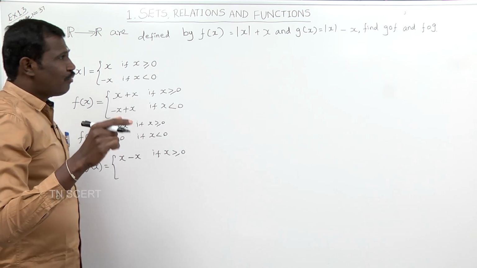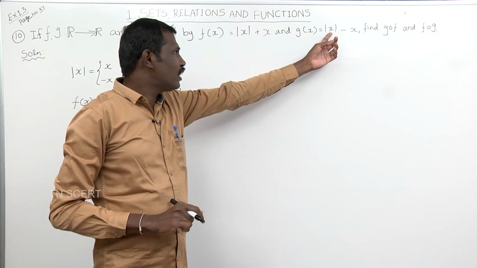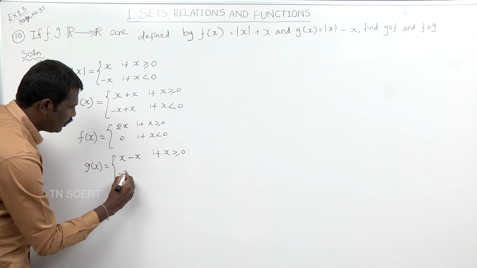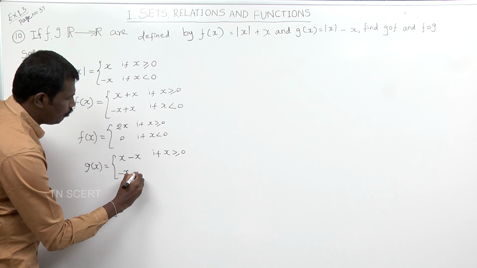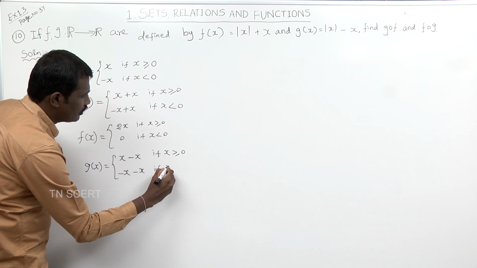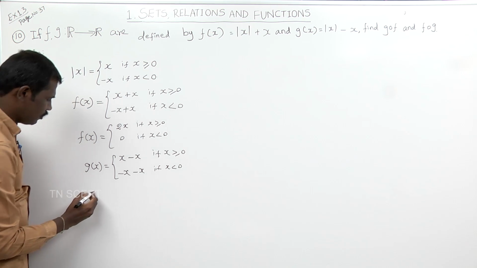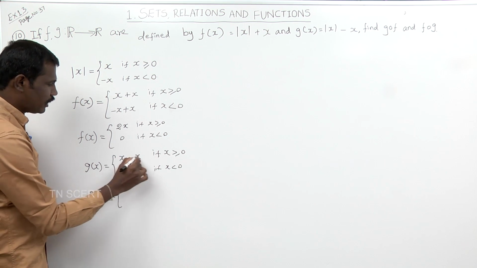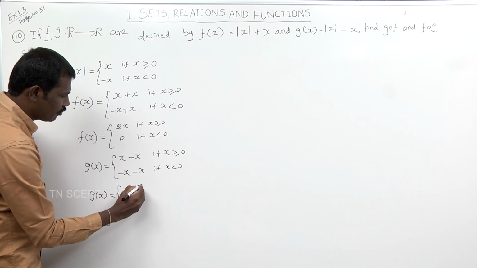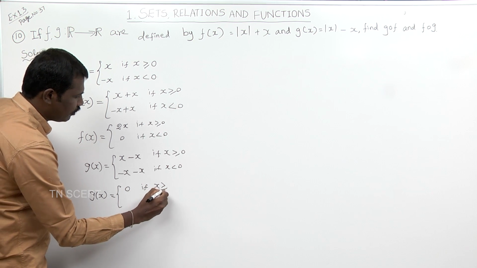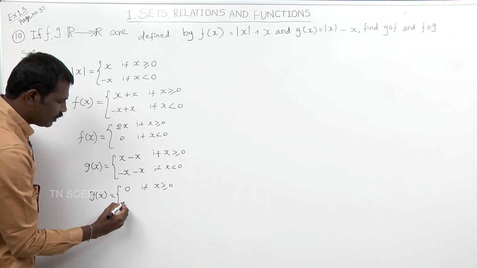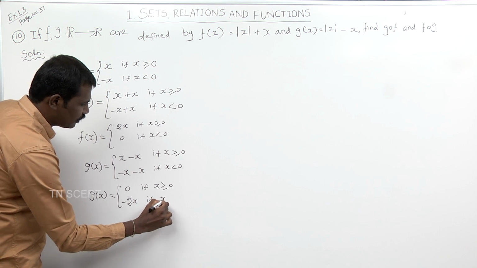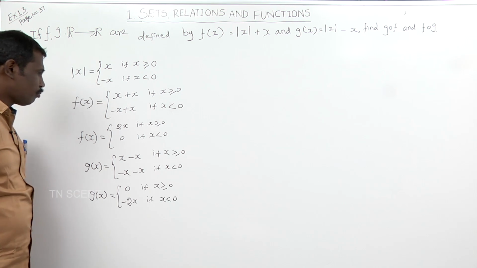Again, if x is less than 0, then modulus of x is minus x. So, minus of minus x if x is less than 0. So, g of x is equal to x minus x becomes 0 if x is greater than or equal to 0, and minus x minus x is nothing but minus 2x if x is less than 0.